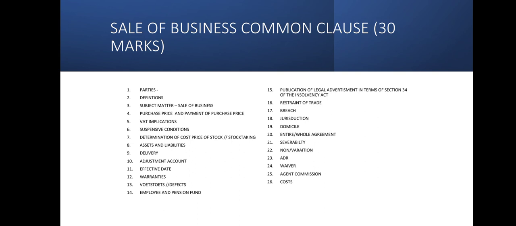If not, the buyer will pay VAT as well. So if it's not zero rated, the buyer will pay VAT as well. So VAT implications will, of course, change the purchase price, and so you put in a provision to protect the idea of VAT vendor.